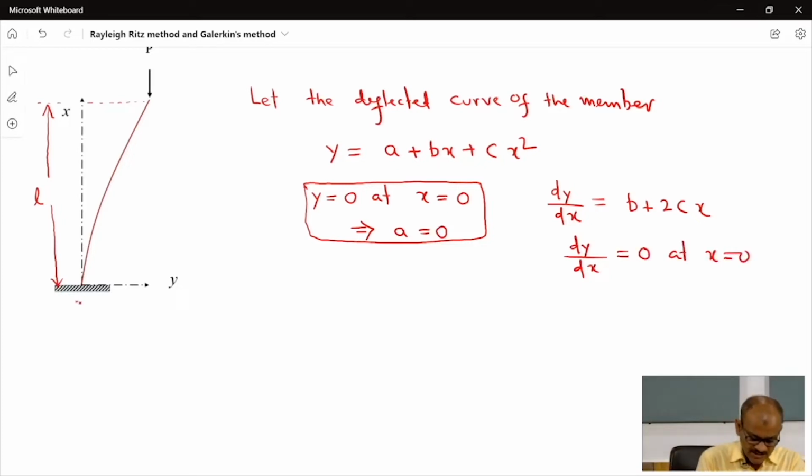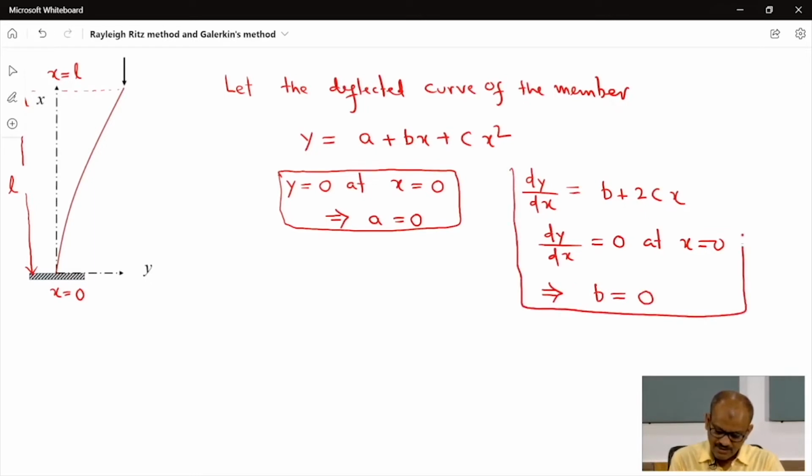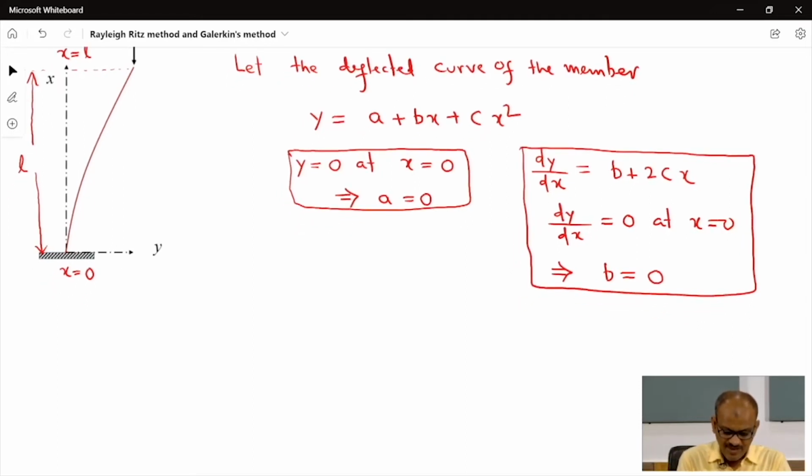Here, this is x is equal to 0 and this is x is equal to L. So this gives b is equal to 0. By using these two boundary conditions, we can find the constants, hence y is equal to cx square.